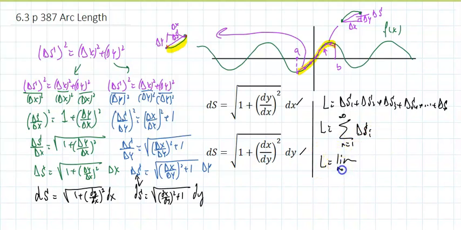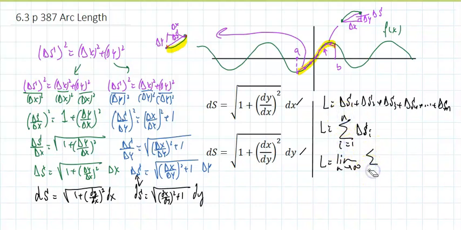the limit as n approaches infinity of the series, I'm thinking ahead of myself, right? i equals 1 to n.